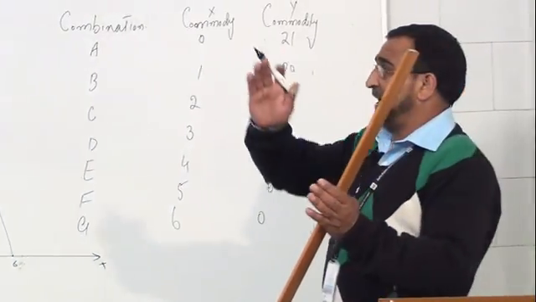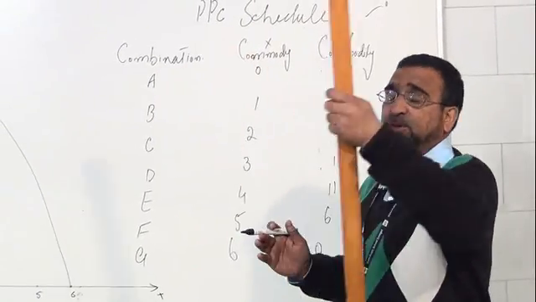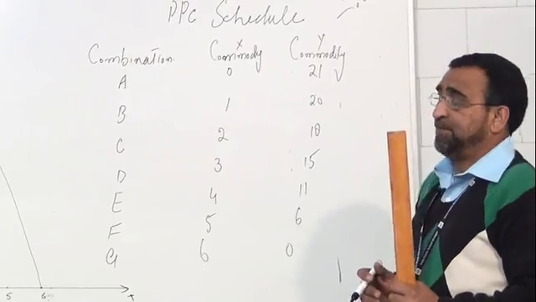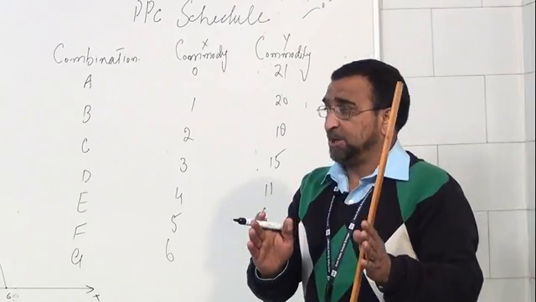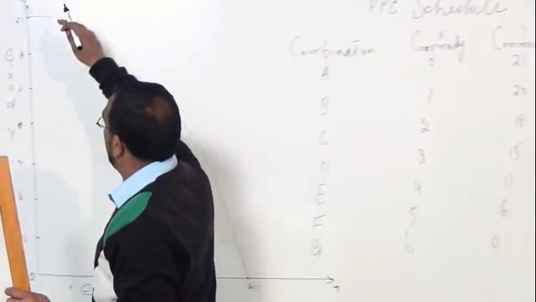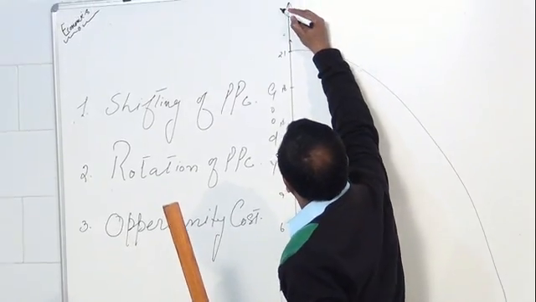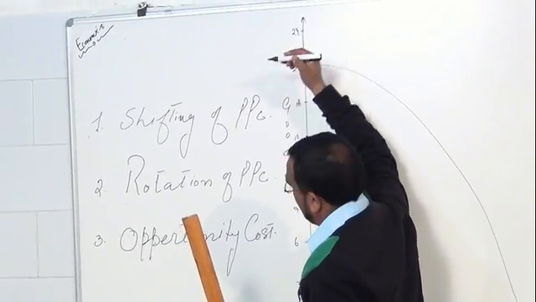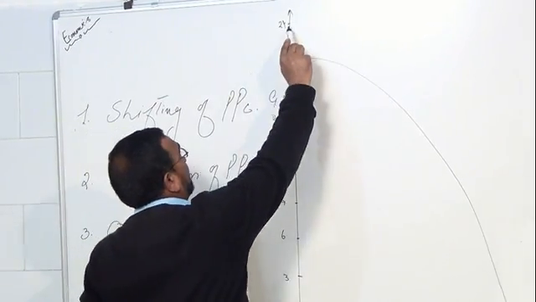The curve can shift to the right or to the left of the original production possibility curve. So shifting can be of two types. It can be rightward shifting, and first I will draw that, then I will show you the leftward shifting.